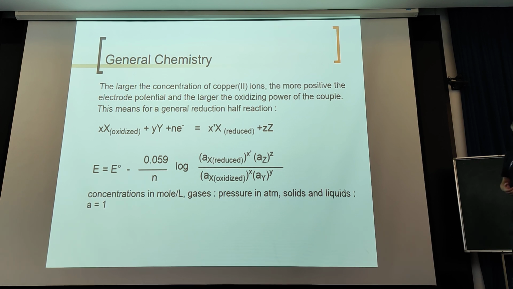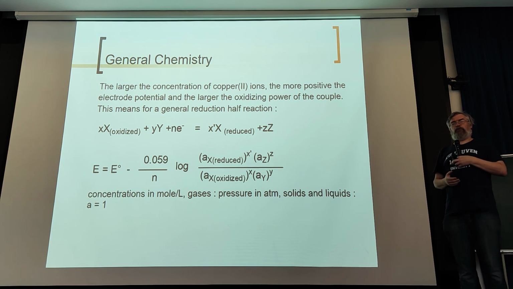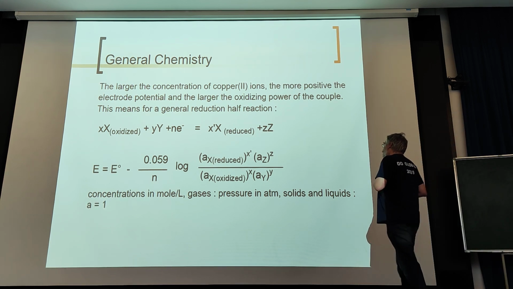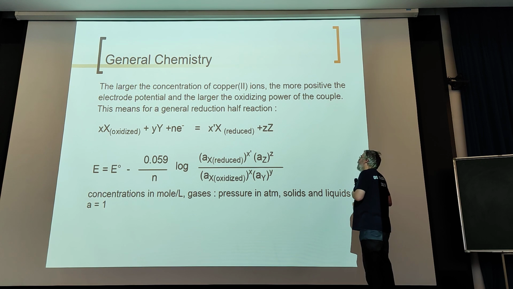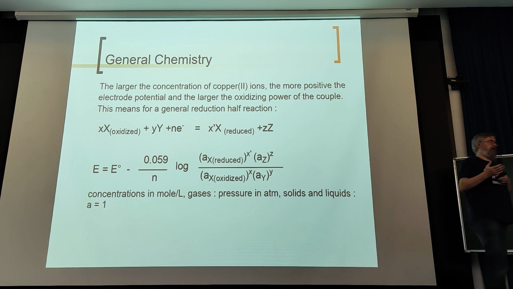In other words, they don't count, because multiplying by 1 or dividing by 1 is a zero operation. If there are gases, we have to use the partial pressures. But there are not that many oxidation reactions that use gases. If you have hydrogen, for instance, that is possible.